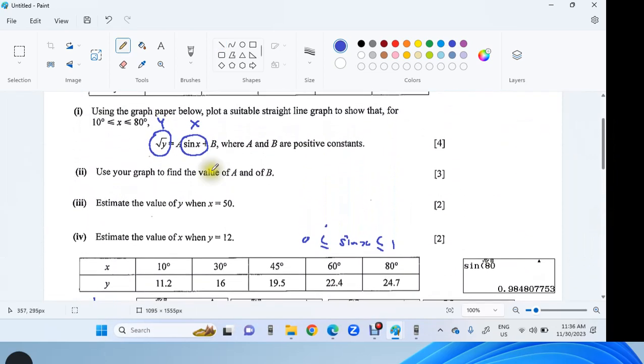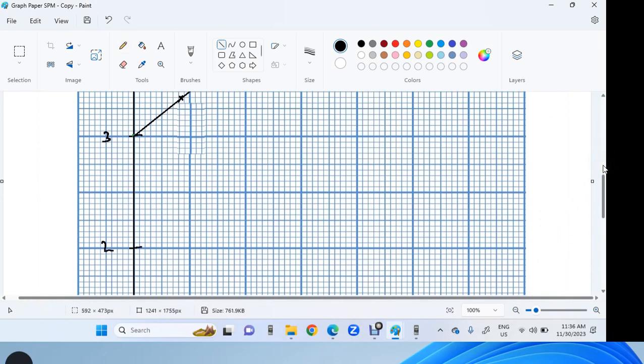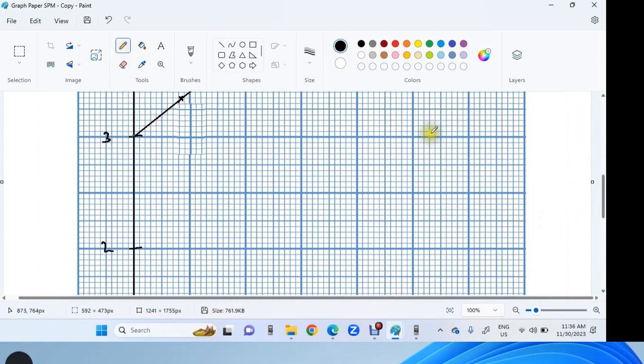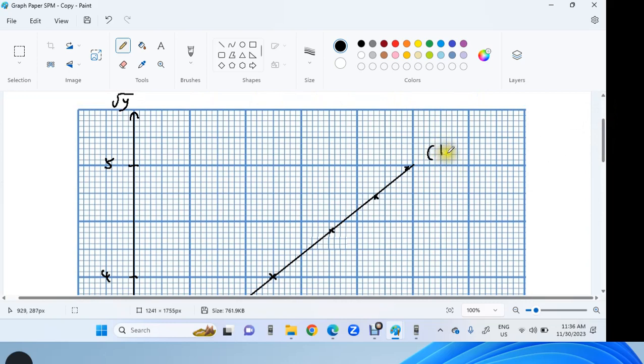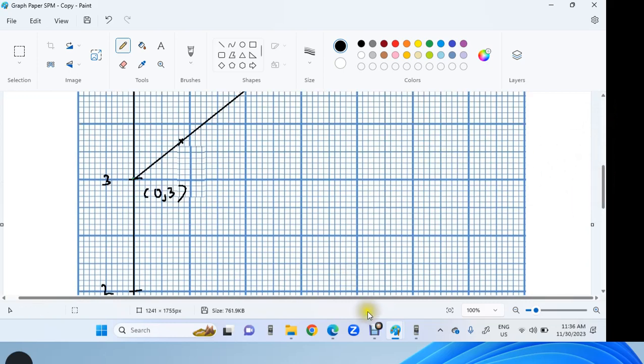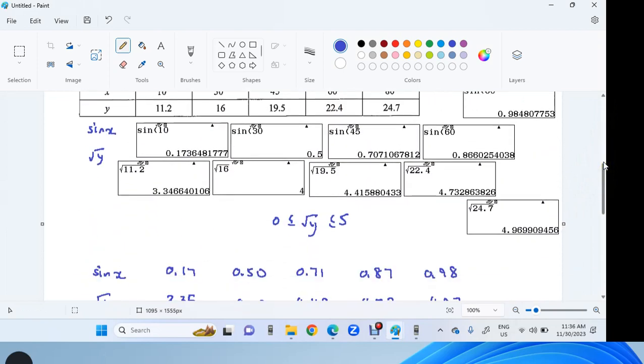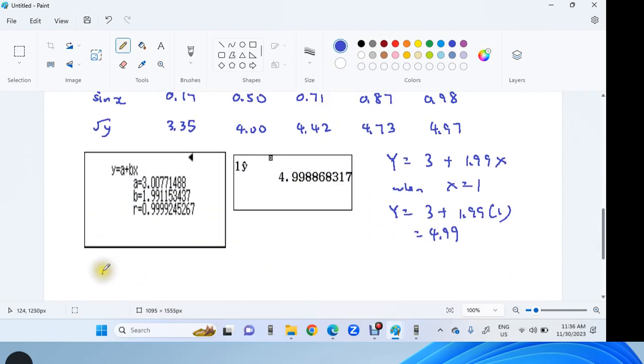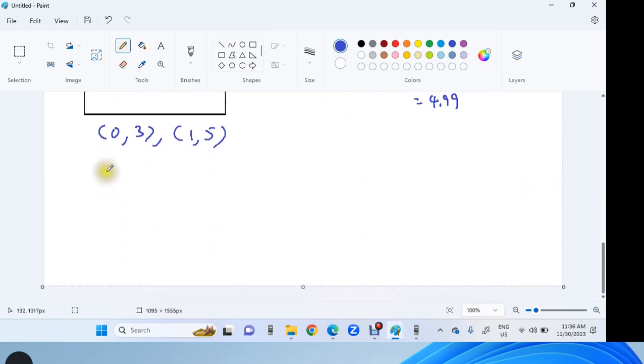Next, they want us to find the value of A and B. The value of A is very easy. This is 0, 3, and this is 1, 5. In this type of question, they design it so that the answer is an integer. 5 minus 3 over 1 minus 0, so it's 2.